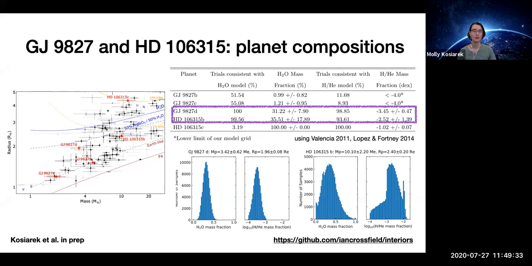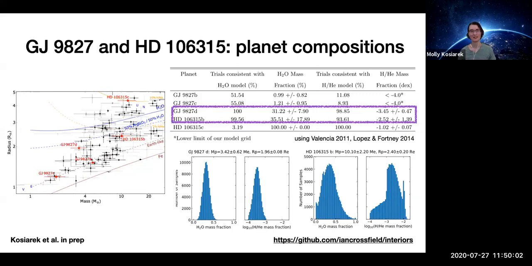And these two are both consistent with either a rock and water composition or a rocky core with a hydrogen helium envelope. The mass fractions of each are shown in histograms on that bottom right. GJ9827D has an average of 31% water, or negative 3.5 dex hydrogen helium, and HD10615B has an average of 35% water, or negative 2.5 dex hydrogen helium.